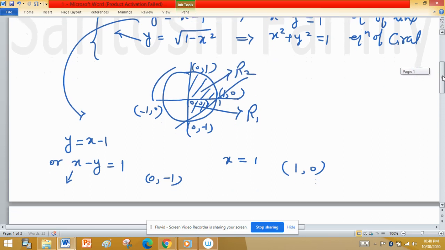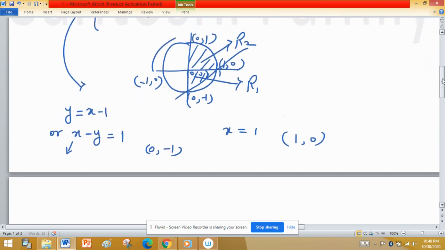Now I need to change the order of integration. It is given as dy dx first, but I need to change the order, so dx first and dy later. With respect to x, I need a strip parallel to the x-axis.